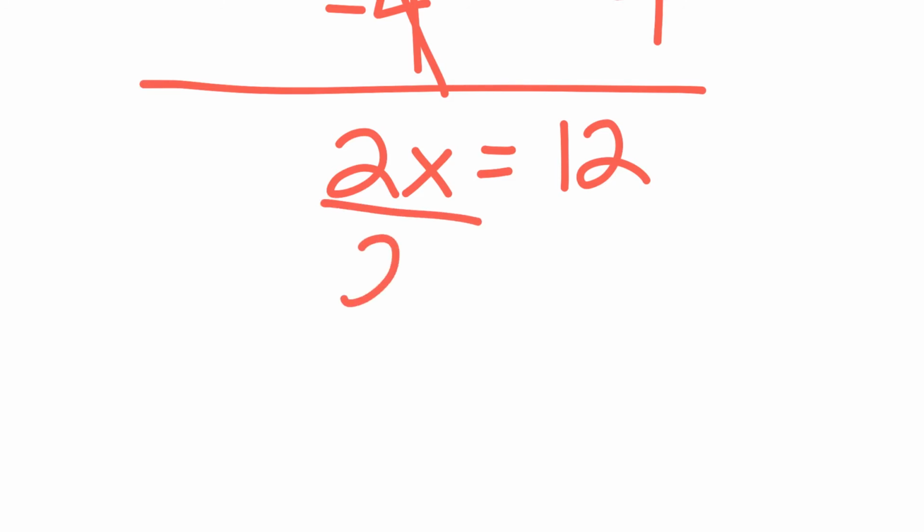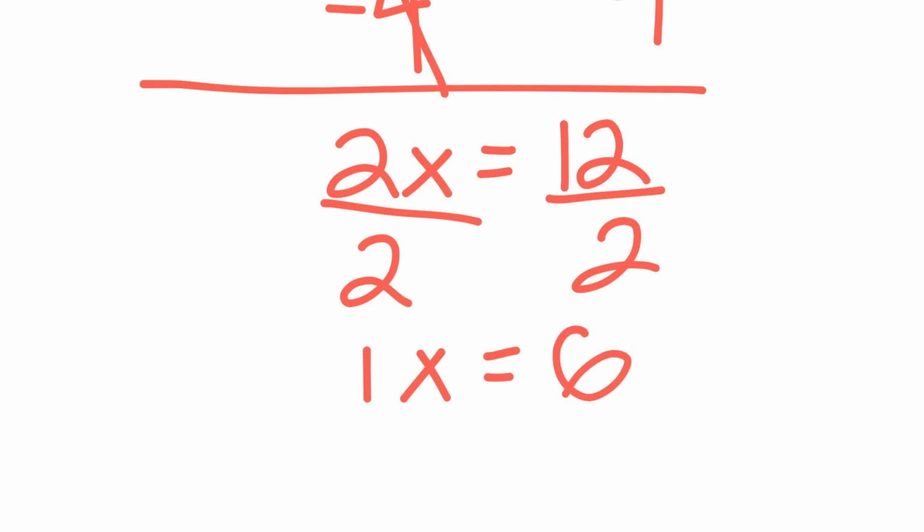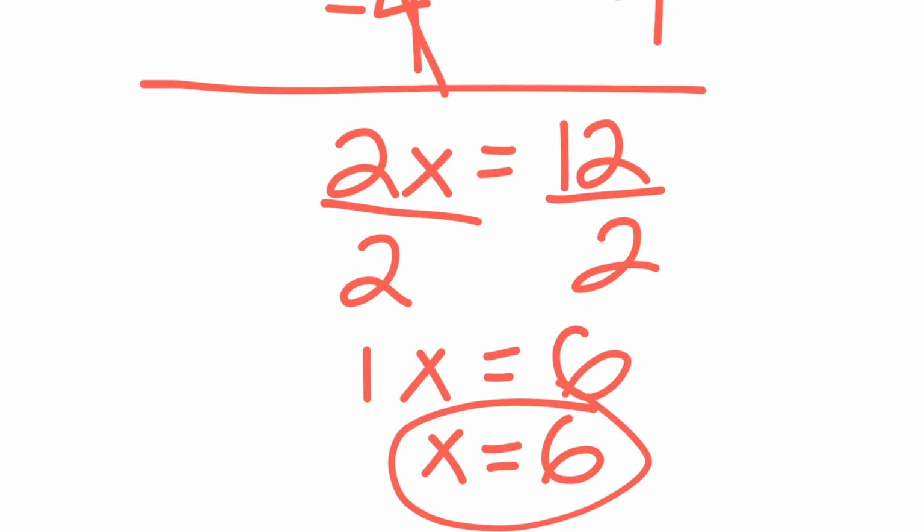We divide both sides by 2, and that's going to give us 1x on our left-hand side and 6 on our right-hand side. Again, we can just write that as x equals 6. That's our final answer. So that's it. It's a quick and easy way of how you go and approach doing two-step equations.